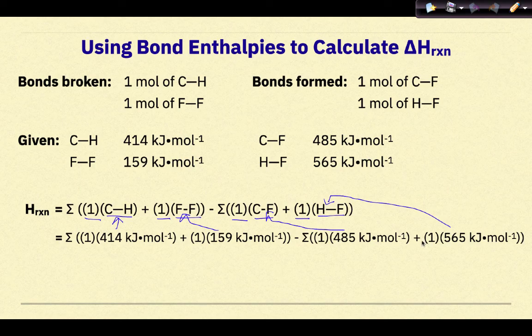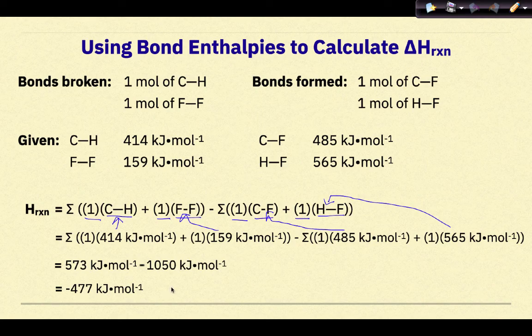Then I would do the math associated with it. So the amount of energy associated with bonds being broken is equal to 573 kilojoules per mole, and the amount of energy associated with the bonds being formed is 1050 kilojoules per mole, for a total of negative 477 kilojoules per mole, meaning that this is an exothermic reaction.